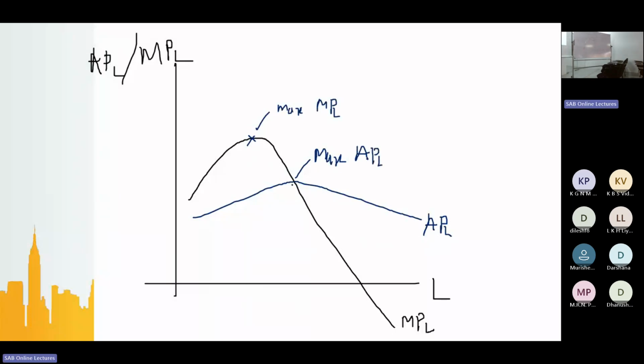When average product of labor is maximum, average product and marginal product values are equal. That is what we observe in our calculations.